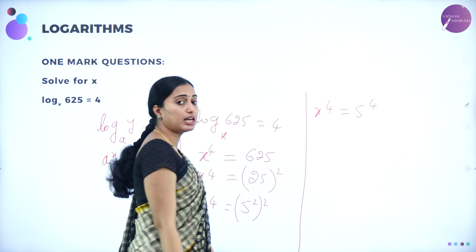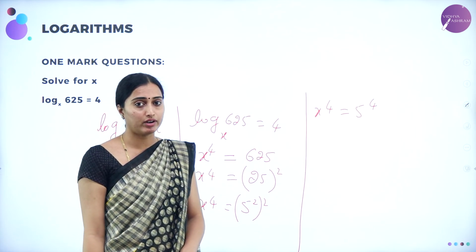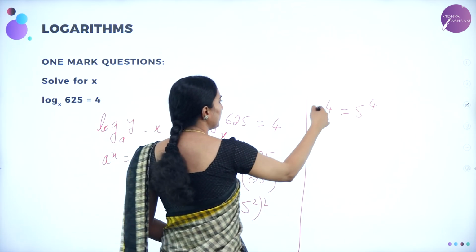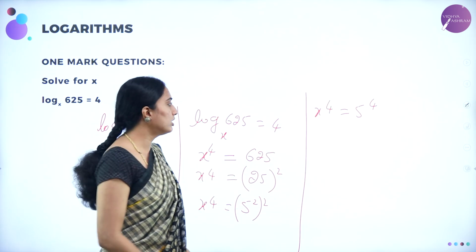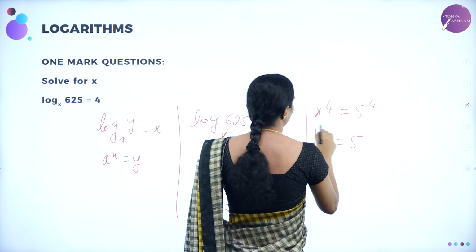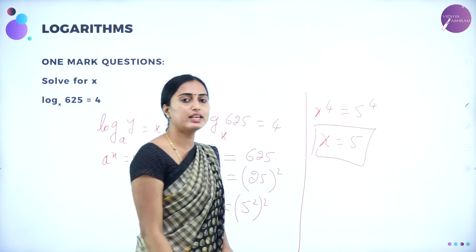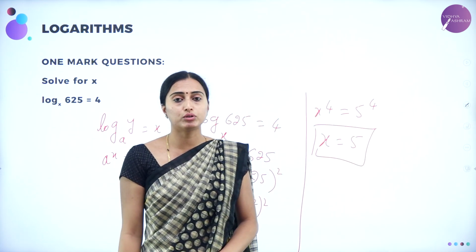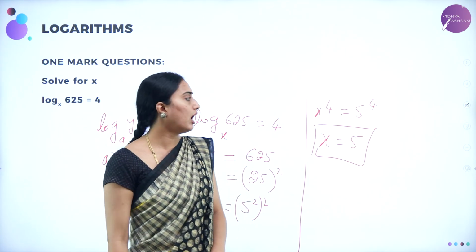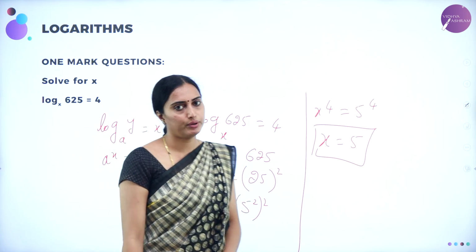Earlier if the bases were the same, I was equating the powers. Now the powers are the same, I can equate the bases. Therefore, removing the fourth root, what is the fourth root of that? You are going to have x is equal to 5. That's it. X is equal to 5. Understood? This is the answer of x you are going to have.